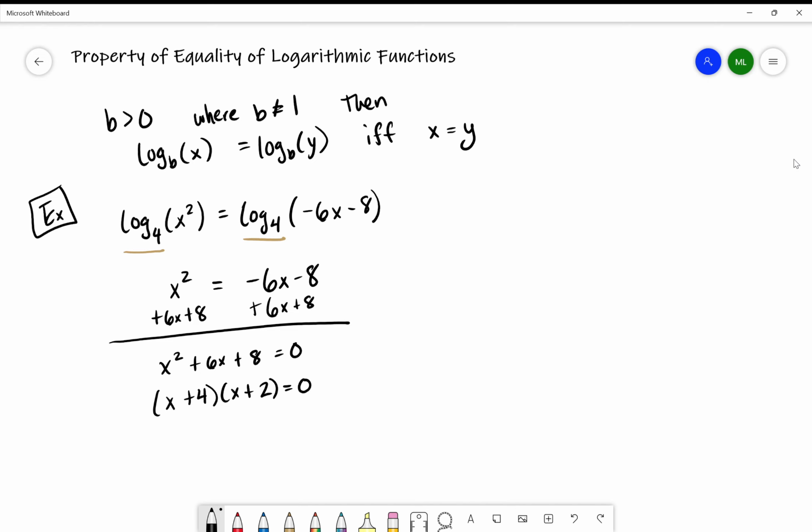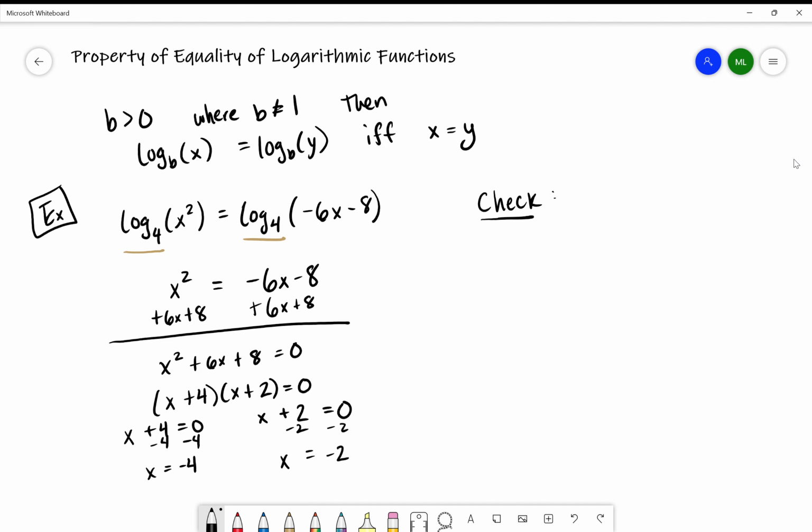Then by the zero product property, another fancy way of saying you can separate the two factors, x plus 4 is equal to 0, so x is equal to negative 4, and x plus 2 is equal to 0, so x is equal to negative 2. Your last step, which you must do for logarithm functions, is to check.